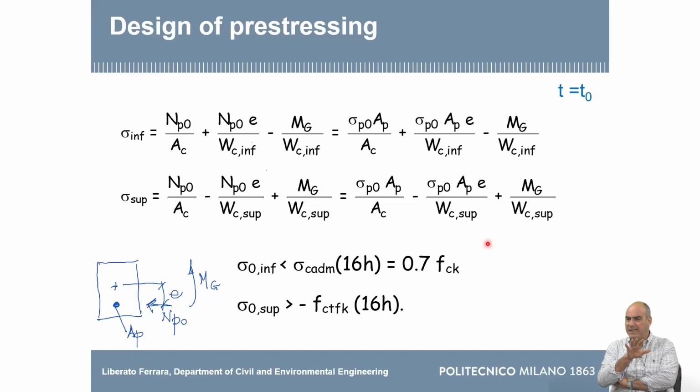You know, even if it does crack, it's not a problem, because these cracks will be on the top. And then you can expect that when you apply all the other loads, there will be some compressive stress. This does not mean that the cracks will close, because cracking is an irreversible phenomenon. But if you keep the stresses low, like here, we can expect that they close.